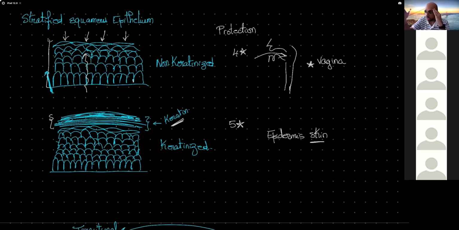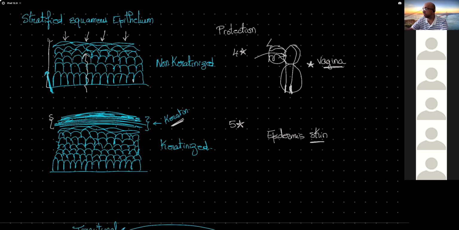So if I have exposure to the outside all the time, I need much greater protection. So I have keratinized stratified squamous epithelium. If I have exposure to the outside from time to time, some kind of irritation coming from outside, but not all the time like the skin, this will be applied to the oral cavity, the pharynx, the esophagus, the vagina.